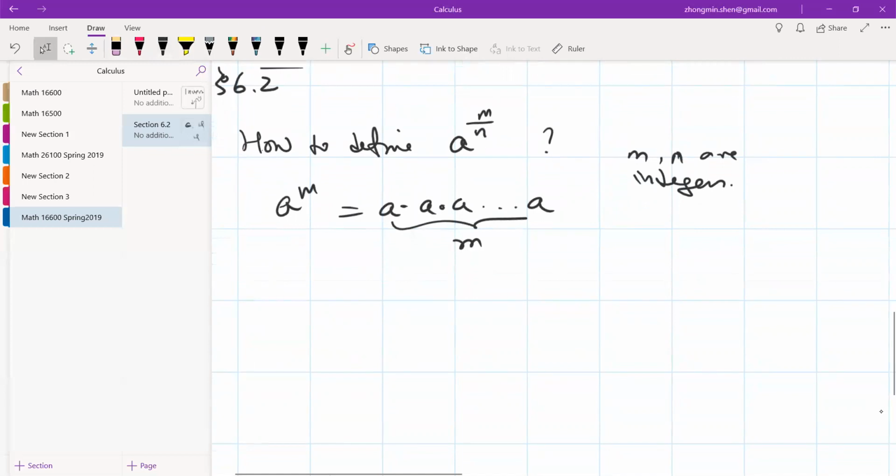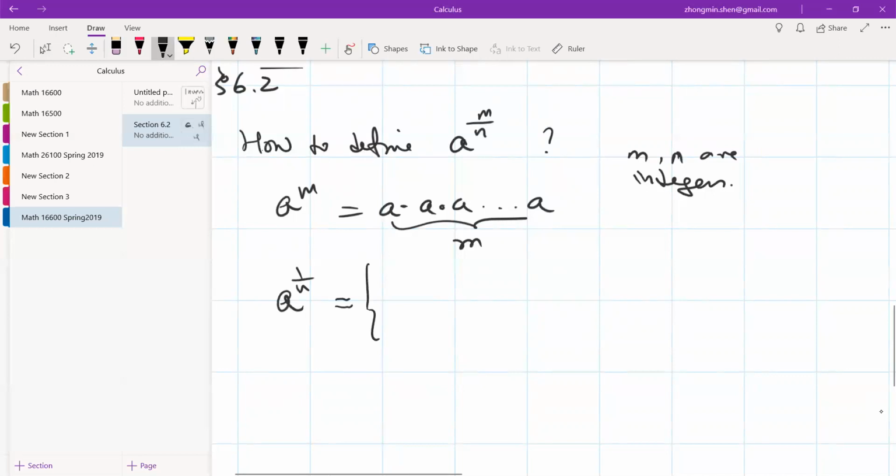So now, can I define a to the 1 over n? This in general is not defined, but sometimes it depends on whether a is positive or negative. If a is negative, this is only defined for odd n.